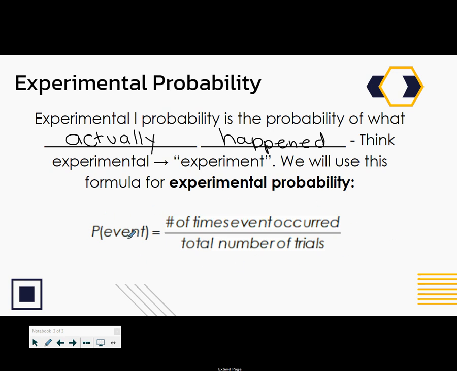The probability of an event happening is found by the number of times an event occurred over the total number of trials. So the number of times the event that they're asking for in the question occurred over the total number of trials, the total number of times you did something. Maybe if you flipped a coin 50 times, that would go on the bottom. If you rolled a dice 100 times, that would go on the bottom. So we'll go over some of the examples below.